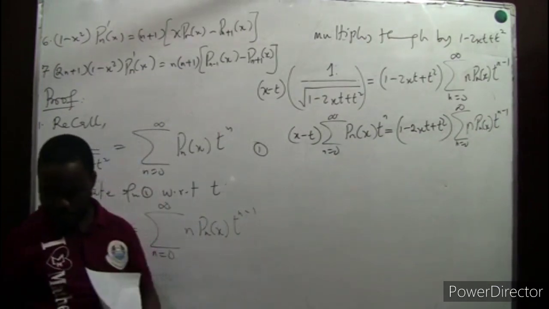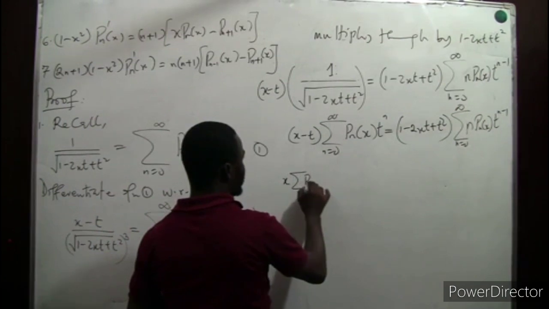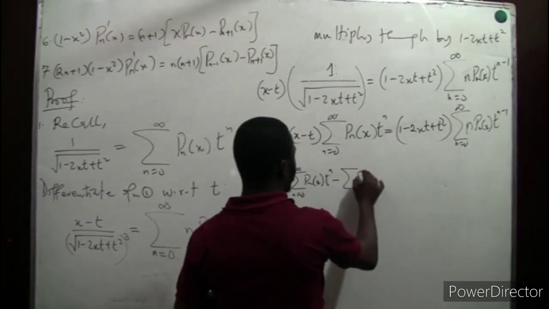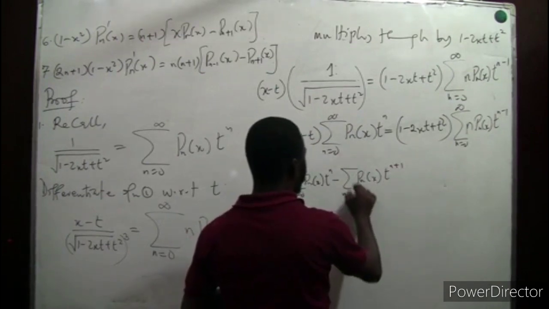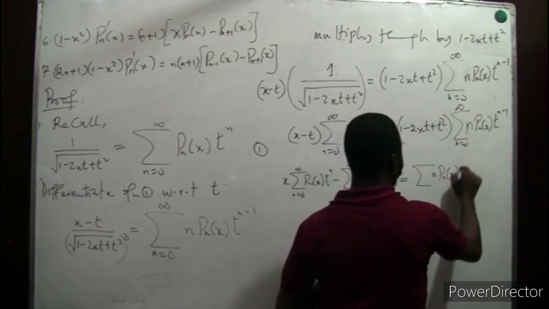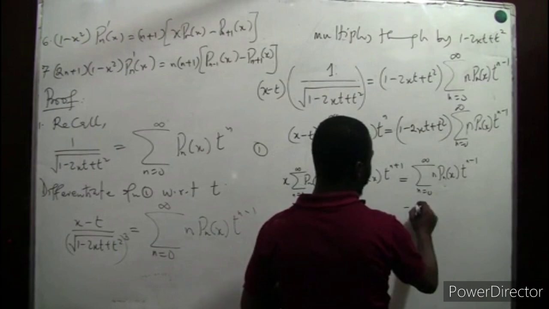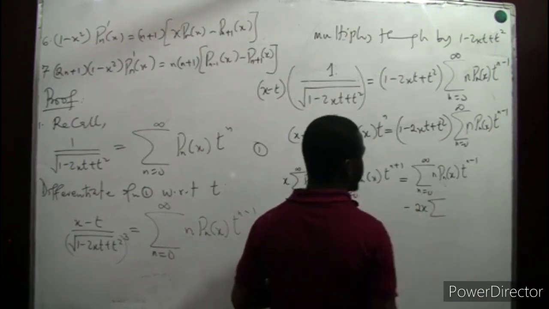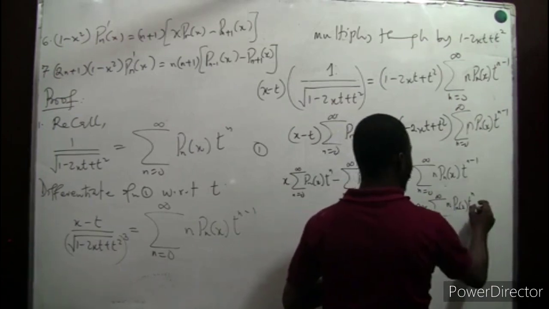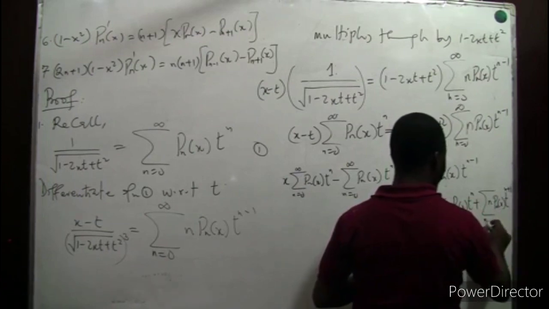Now let us expand the bracket. By expansion, we are going to have x summation Pn of x t raised to power n from 0 to infinity, minus summation Pn of x t raised to power n plus 1 from 0 to infinity, equals summation n Pn of x t raised to power n minus 1 from 0 to infinity, minus 2x summation n from 0 to infinity n Pn of x t raised to power n, plus summation n Pn of x t raised to power n plus 1 from 0 to infinity.